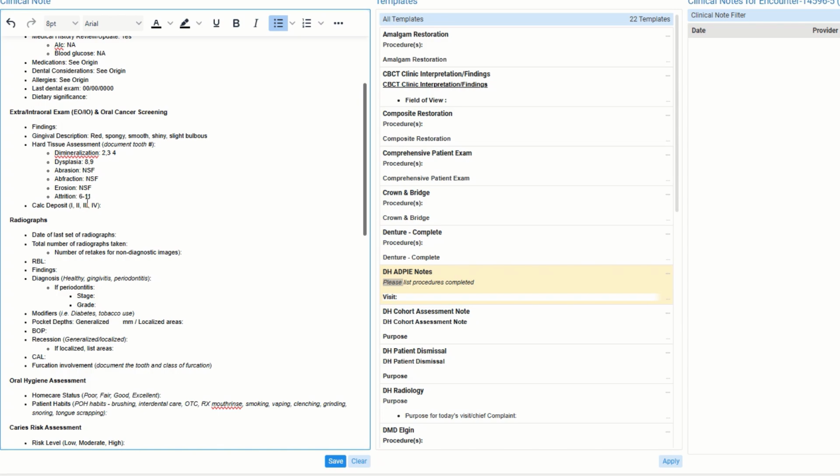Okay. Deposit level, this is where you're going to determine what the deposit level is, whether it's a 1, 2, 3, or 4. You can delete these and you can just put the level.